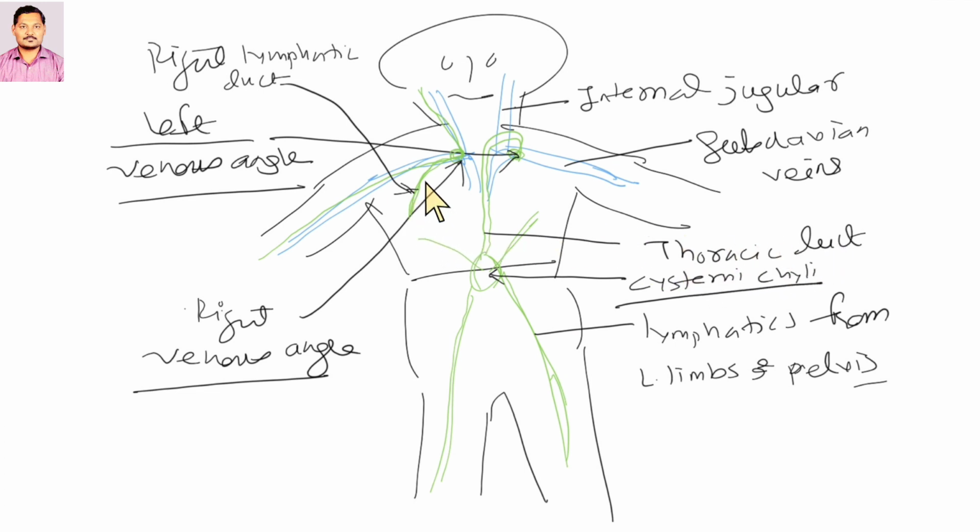Second number is this right lymphatic duct, because it drains only the upper right half of the body, this upper quadrant of the body.